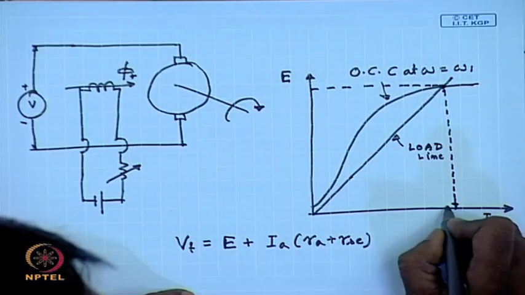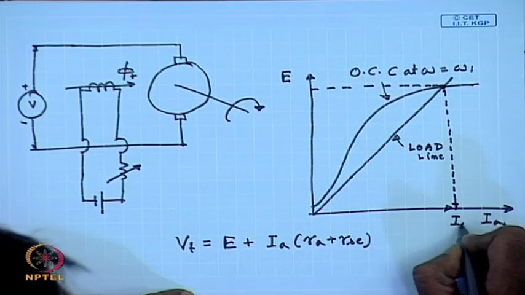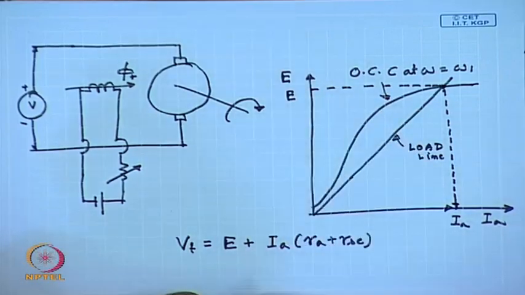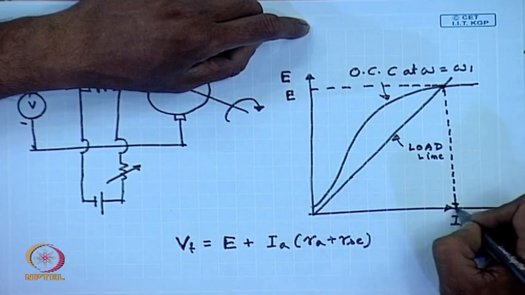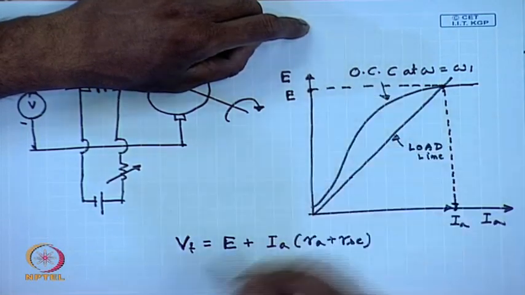This will be the I a and this is E. So, at a given terminal voltage, if the machine runs at a speed omega 1, then we can find out the corresponding armature current and the induced voltage in this manner.